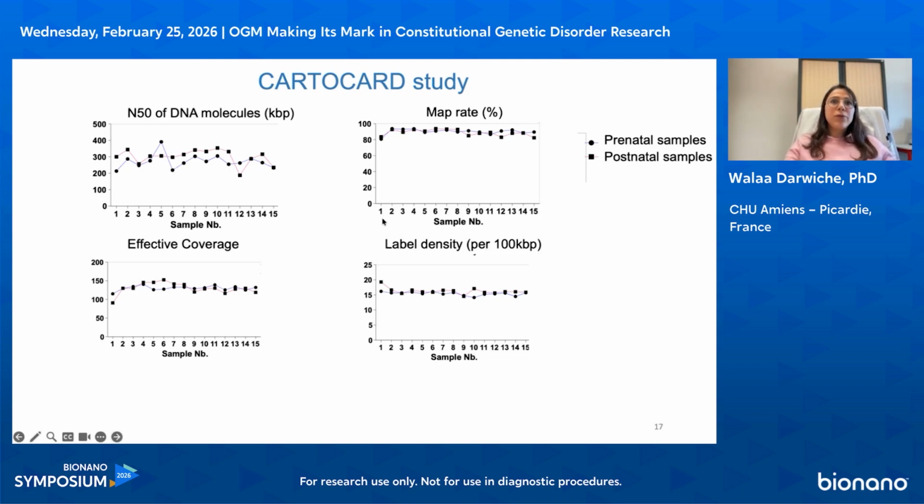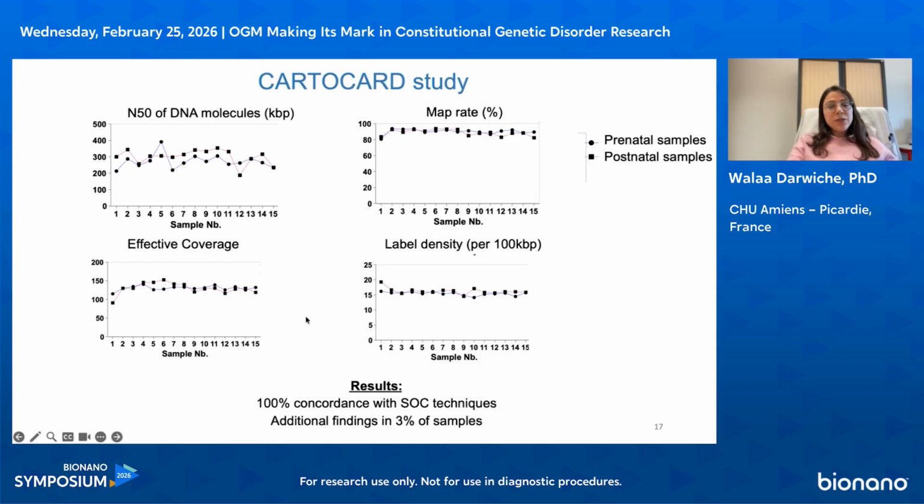Our DNA molecules were longer than 200 kb. Effective coverage, map rate, and label density were within the recommended values. No significant difference was observed between the two groups, and we achieved 100% concordance with standard of care techniques, mainly chromosomal microarray and FISH. And in addition, OGM revealed additional findings in 3% of samples.